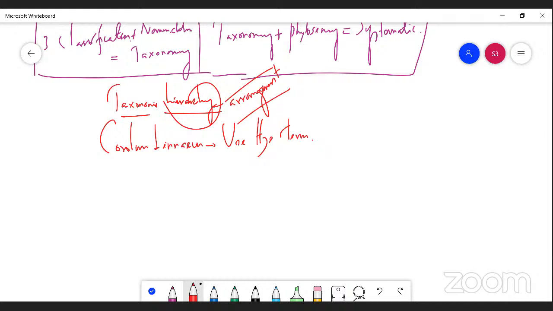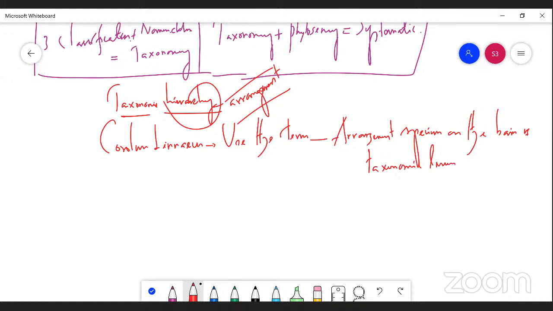It is the arrangement of species on the basis of taxonomic level, from kingdom to species, or in descending order from kingdom to species.